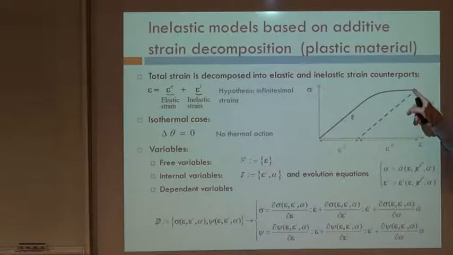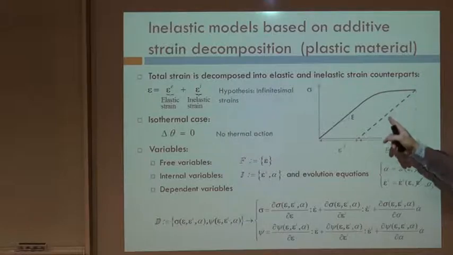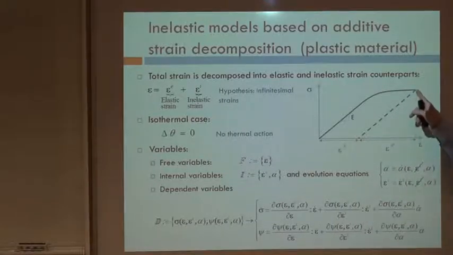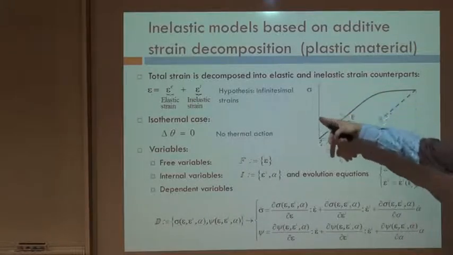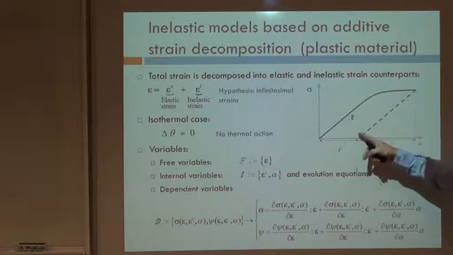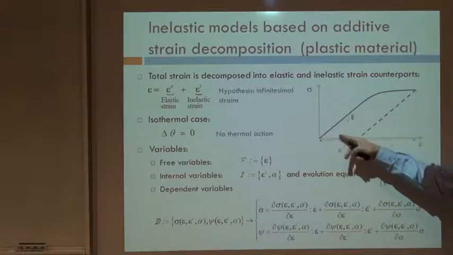Up to that point, if I had unloaded, I would have gone this way, but instead I go this way. And what is specific of these materials is that if I continue decreasing the stresses down to zero, when I arrive at zero stresses, I find a non-zero strain.